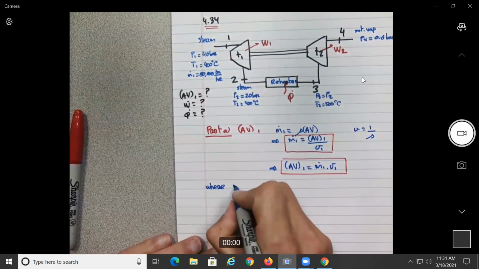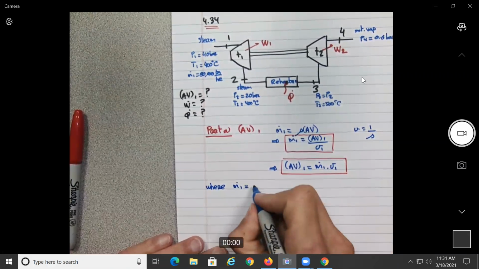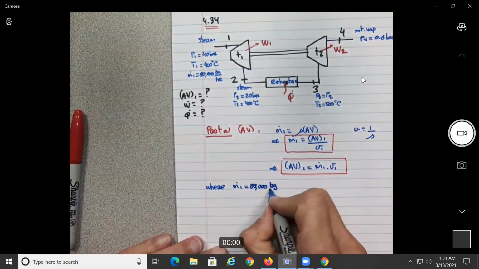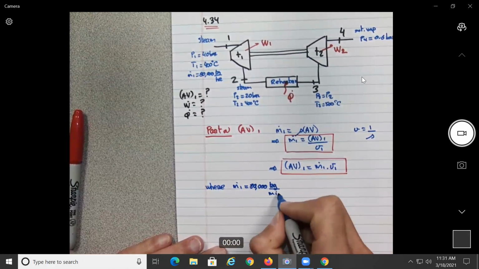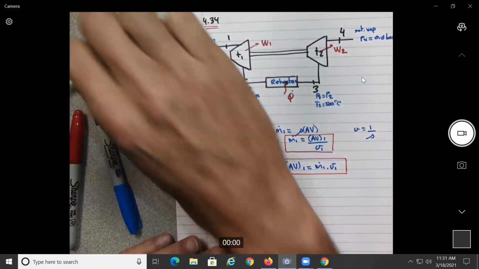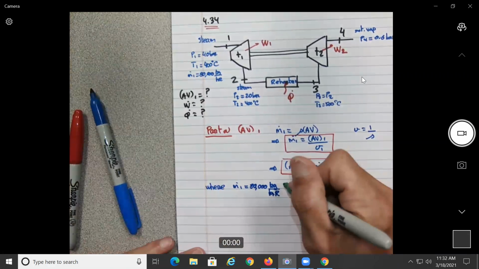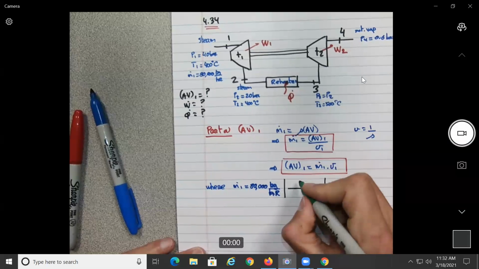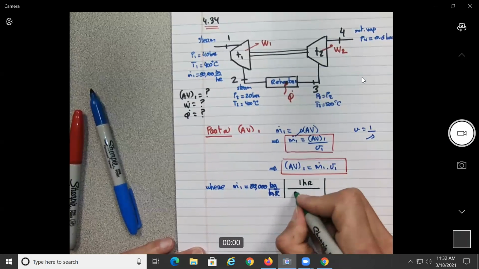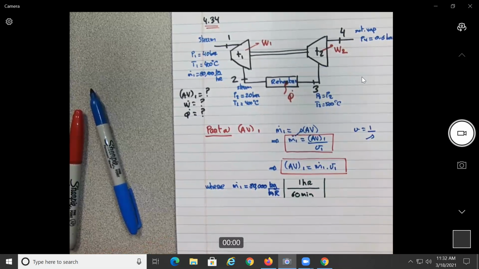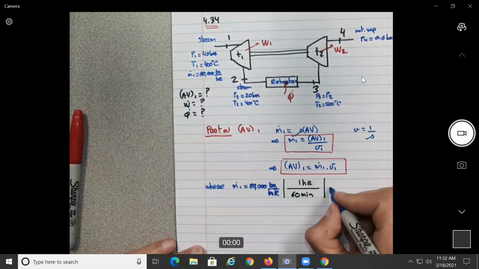Where m1 is equal to what? It's 80,000. Oh, sorry, kilograms per hour. So if we want to transform that per minute, what do we need to do? Multiply by 60. So basically 1 hour will be 60 minutes, no? Yeah, and what would be this value then?